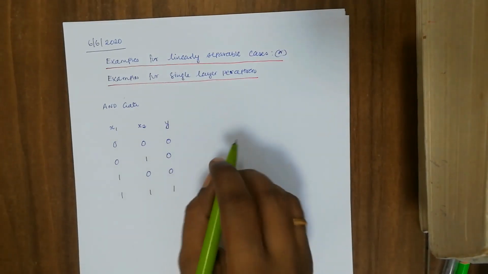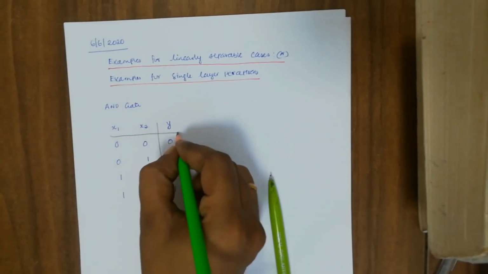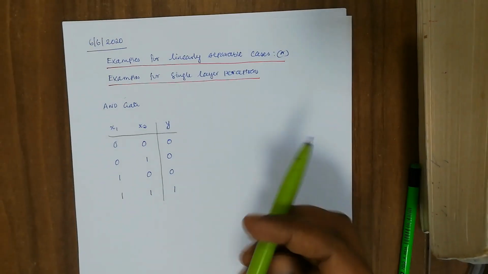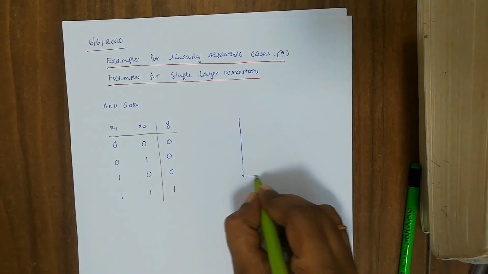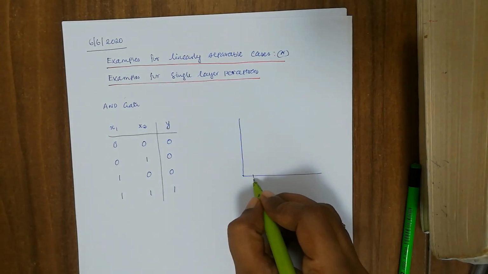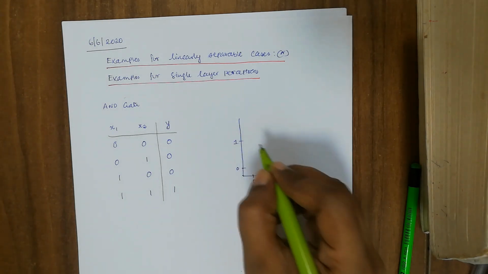Now let us plot this in the space for both x1 and x2. Suppose we plot x1 and then x2 for 0 and 1.